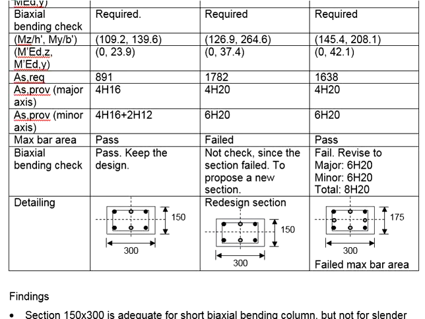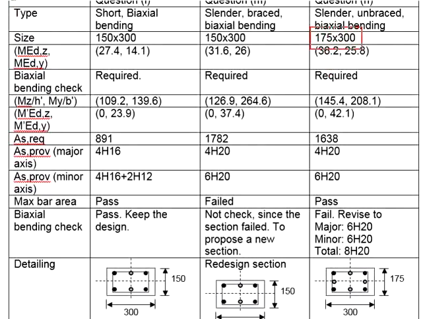That gives you only 4H20 effective in the major axis. Due to slightly larger cross-sectional areas, this amount of reinforcement bar was found not exceeding the maximum bar area. Up to this stage, the proposed reinforcement bar seems to be acceptable.